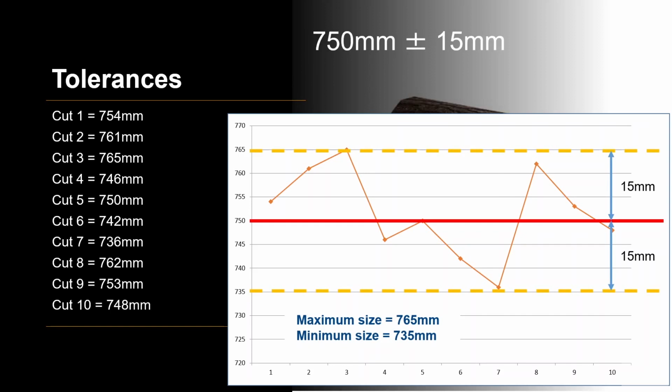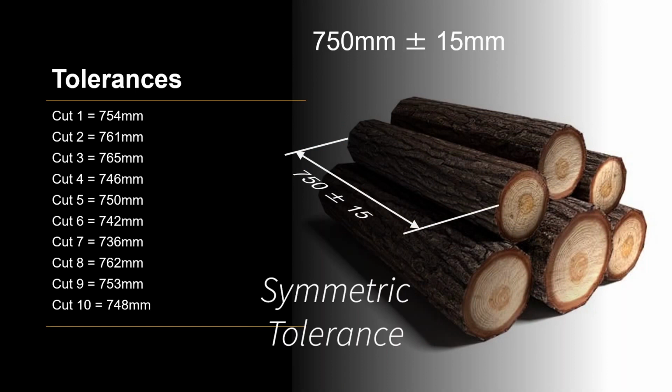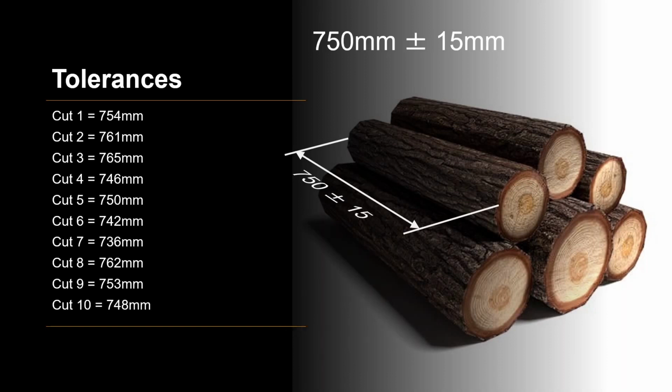So on the graph we can see we have a band that goes either side of the 750mm line by 15mm either side. When we have a tolerance like this, 750mm plus or minus 15mm, this is what's known as a symmetric tolerance. So the tolerance is symmetrical around the base dimension of 750mm.